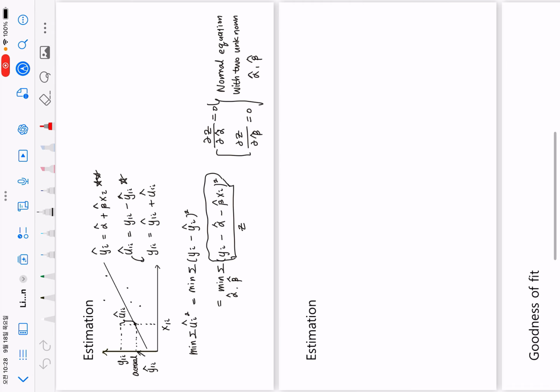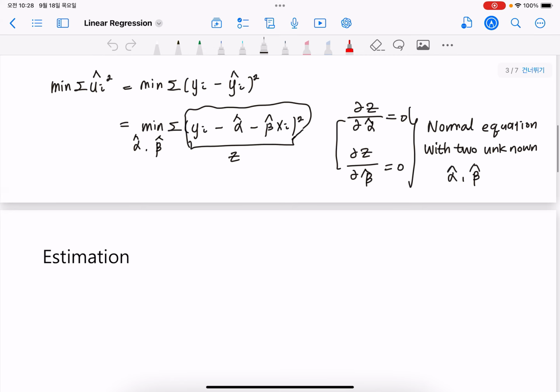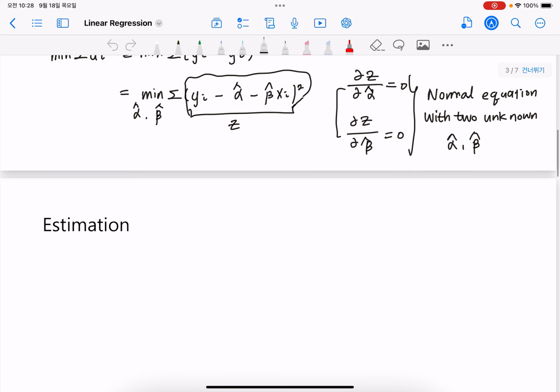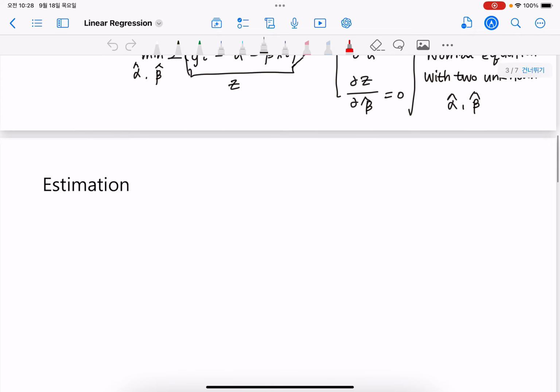So I'm not showing you all the detailed way of differentiating, but let me show you after the differentiation what we get. Beta is the slope that we are interested in, the relationship.